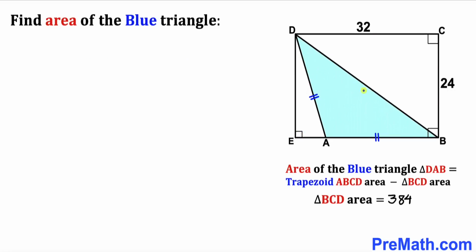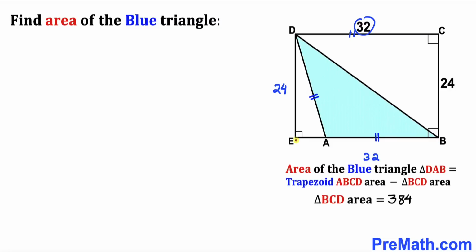Since we are dealing with a rectangle, if this side length is 24, this opposite side length has got to be 24 units as well. And likewise, this side length CD has got to be equal to this whole side length EB. So if CD is 32, EB has got to be 32 units as well.